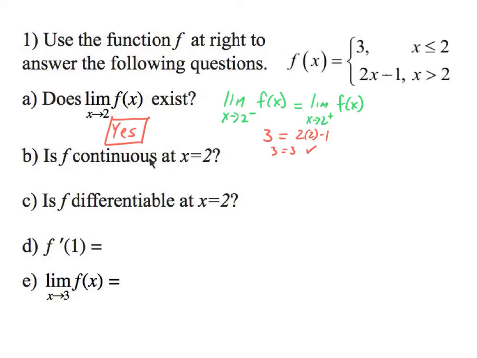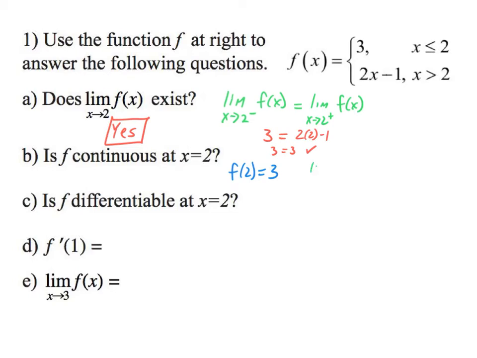Next, is f continuous at x equals 2? For a graph to be continuous, there are 2 stipulations. We first have to find the value at 2. So what is f of 2? Well, for which one do we plug in? This is "or equal to," so we're going to plug 2 into this one, which would just be 3. So the value at 2 is 3, and we also have to check the limit, which we just did.